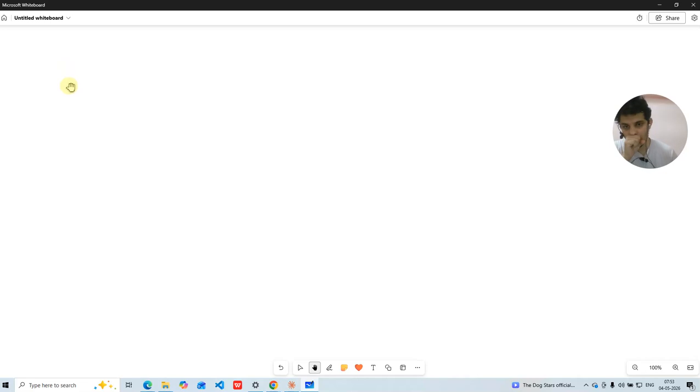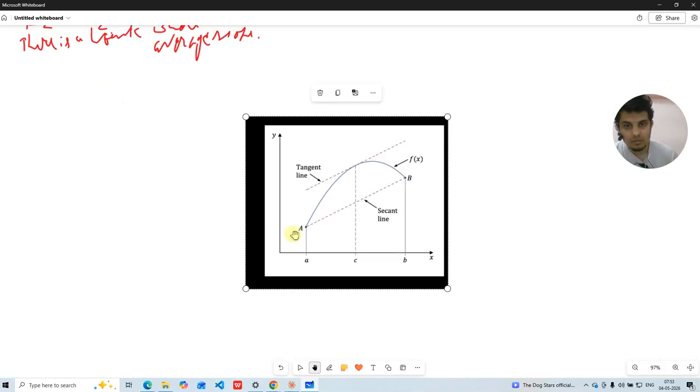Okay, so you see f of a, f of b, and there is a secant line. That's the slope between these 2 points, or kind of the average slope.